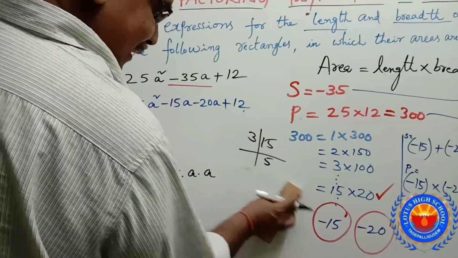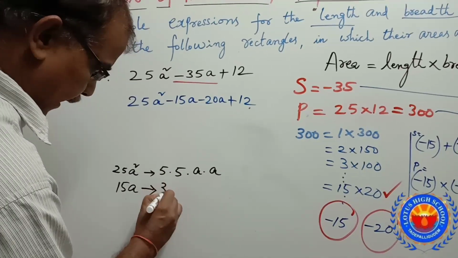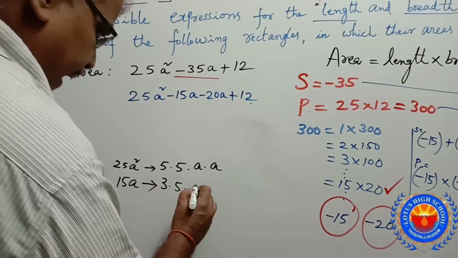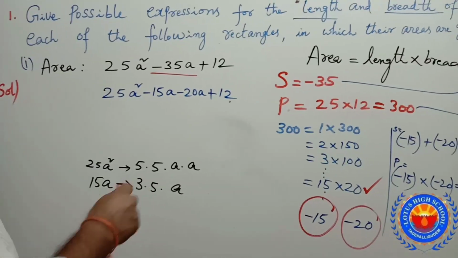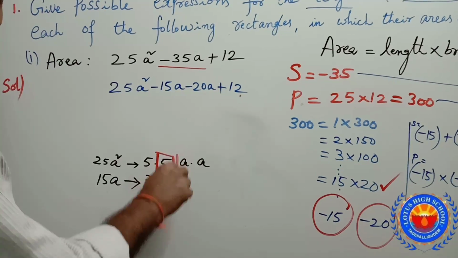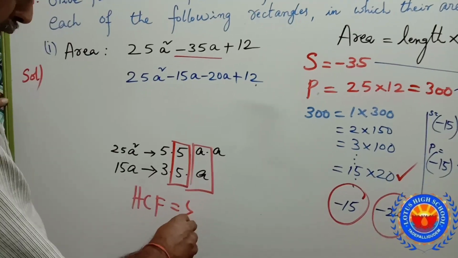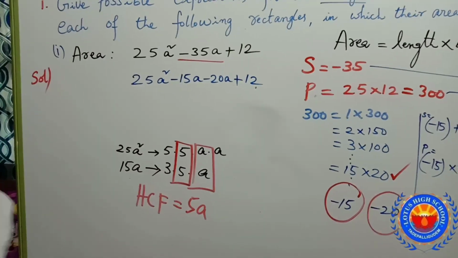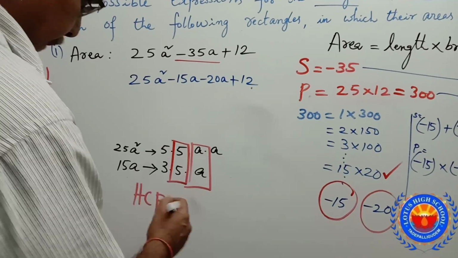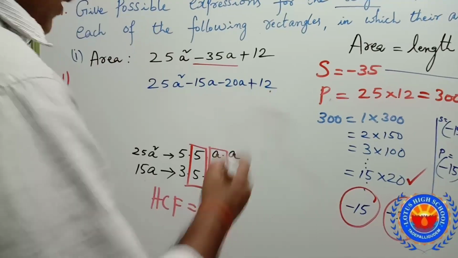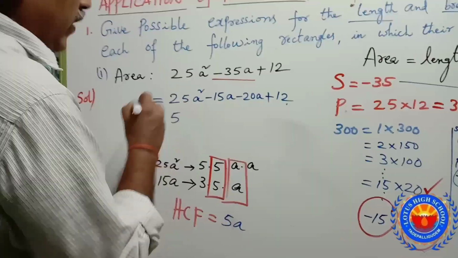A only. So the highest common factor: 5 is common, A is common. That's why HCF of these two is 5a. So take this HCF here is equal to 5a.